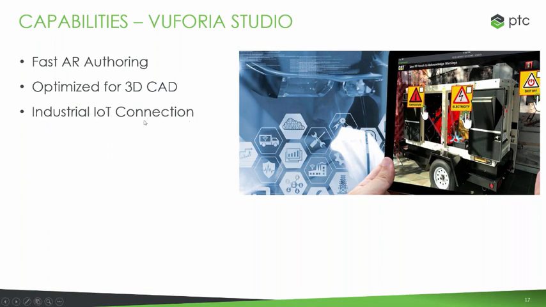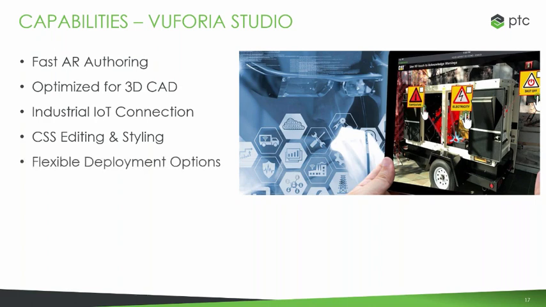So maybe you start off with an AR experience servicing a machine, and once you have that up and ready, maybe you'll begin to stream some IoT data into that experience as well. Building on that, you can create custom styles as well as IoT state-based formatting for different gauges and labels. And this is all in a secure and certified cloud hosting solution. Now we are flexible, so we do work with on-premise or hybrid environments as well.